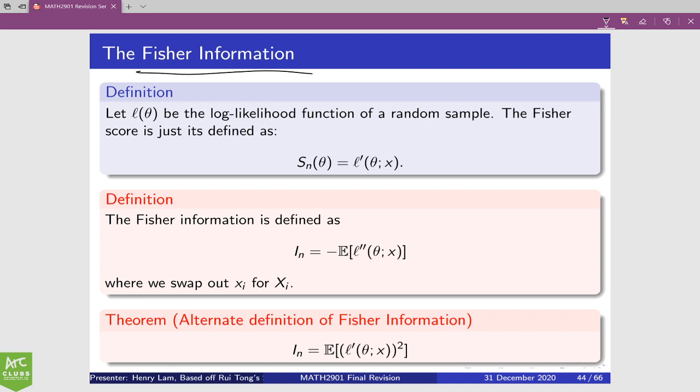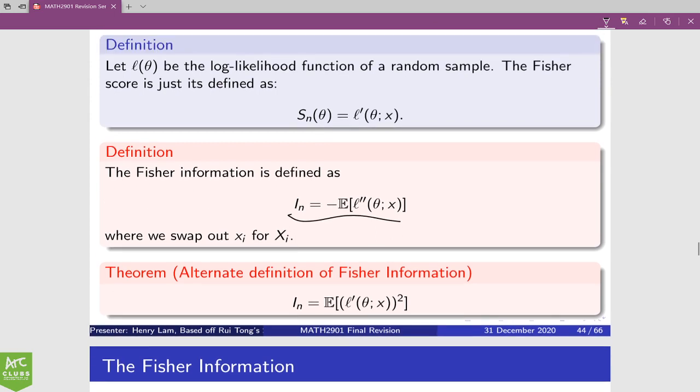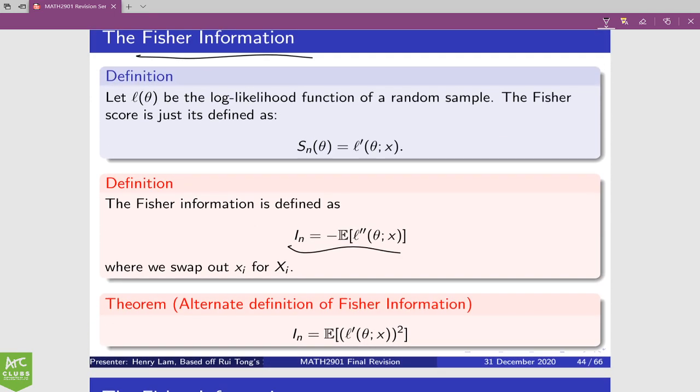And it's called the Fisher information. Now, the Fisher information is really just defined as the expected value of the second order derivative of the log likelihood, right? The negative is just to make it positive, this negative thing here. And this turns out to be related to optimal variance.